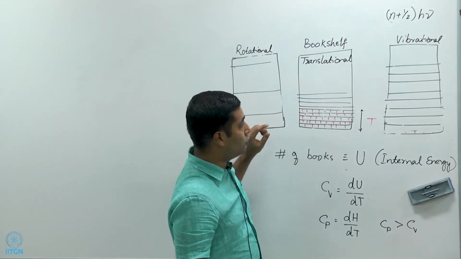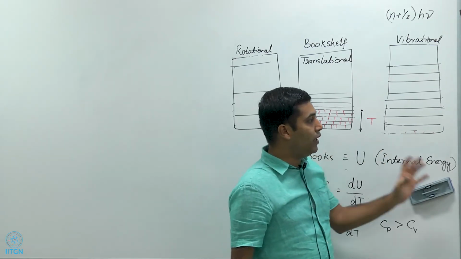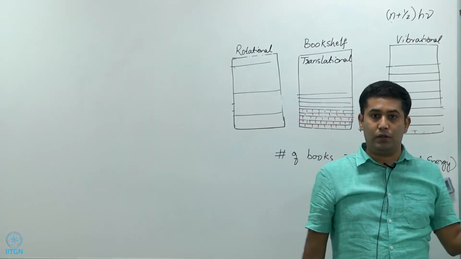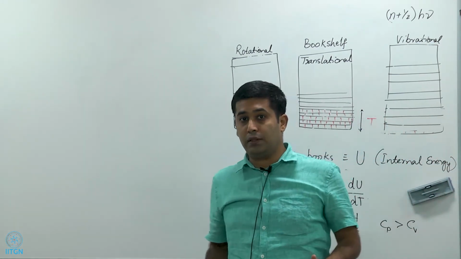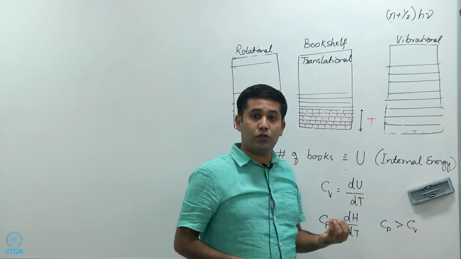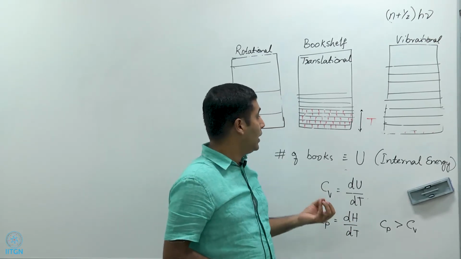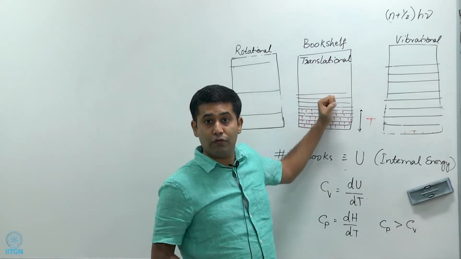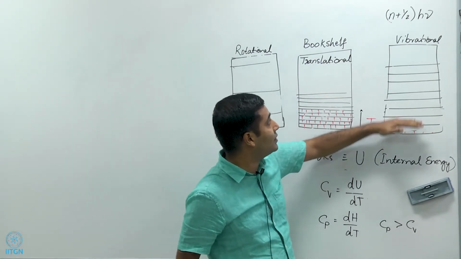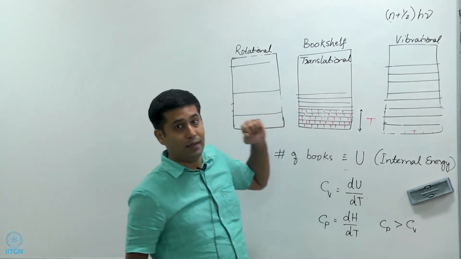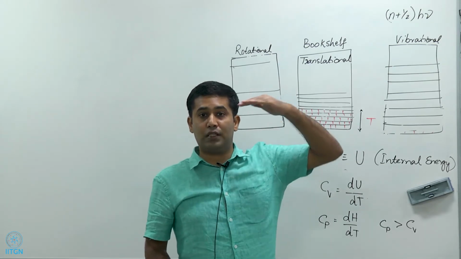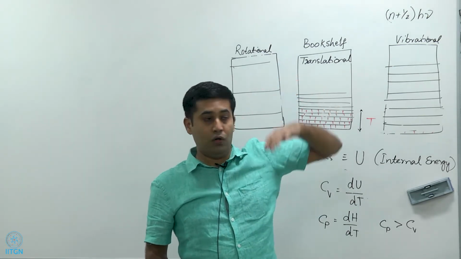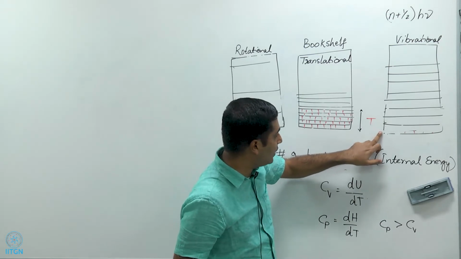And so, therefore, the Cp values keep changing with temperature, right? At very low temperatures, even carbon monoxide, even oxygen, even nitrogen can only put these books into the translational bookshelf. They do not have access to the vibrational or the rotational energies simply because those first energy levels are so high. So, imagine yourself to be that tall, right?